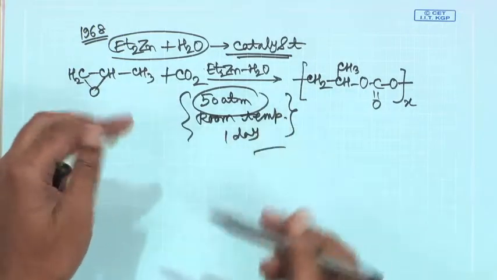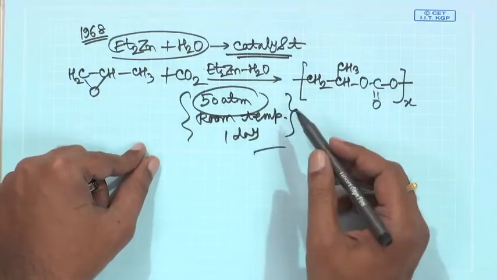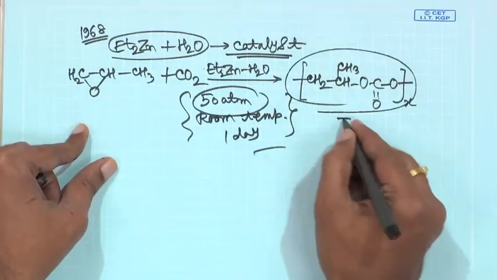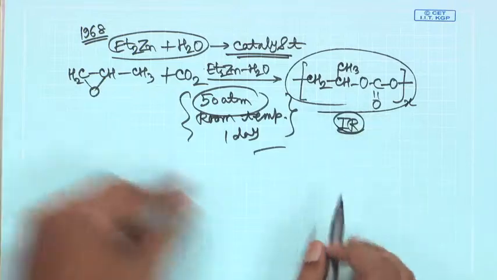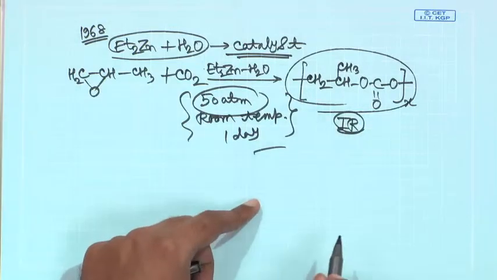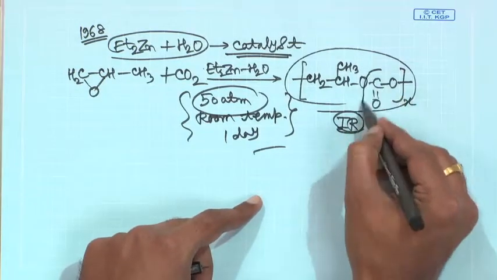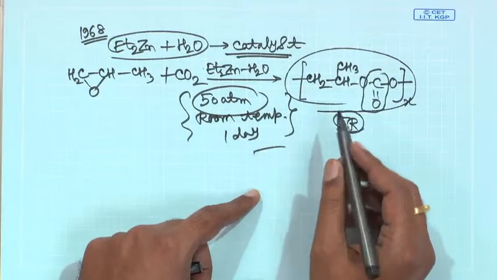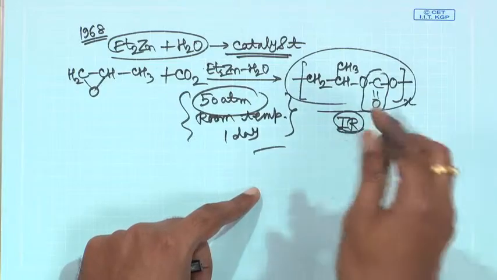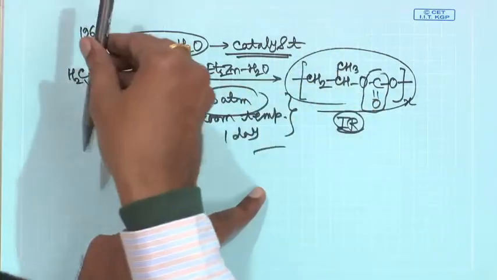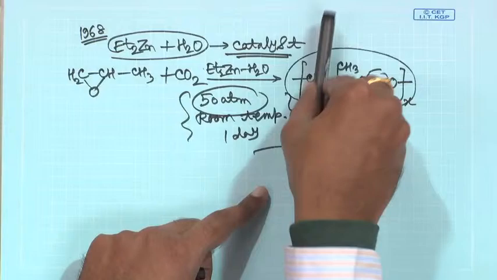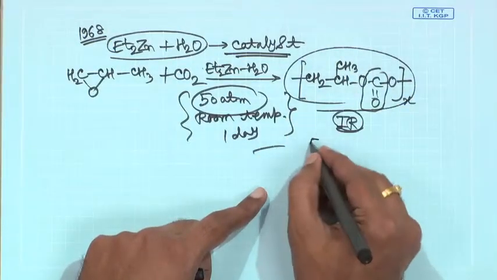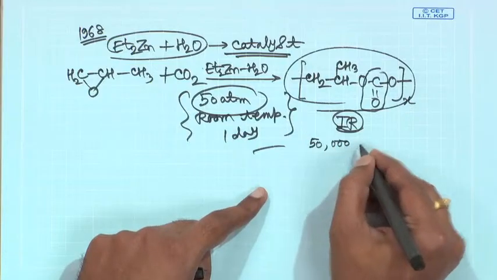And of course, after the reaction is over, the characterization involves checking the infrared spectrum, and what you observe is a strong carbonyl peak that corresponds to the carbonate, and the product contains almost equimolar quantity of both components, which confirms this is an alternating copolymer, and the molecular weight was somewhere around 50,000 to 150,000.